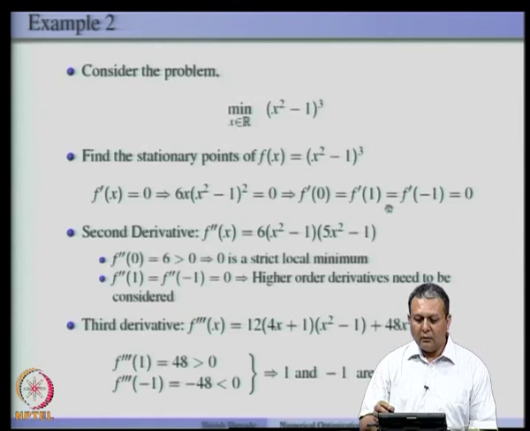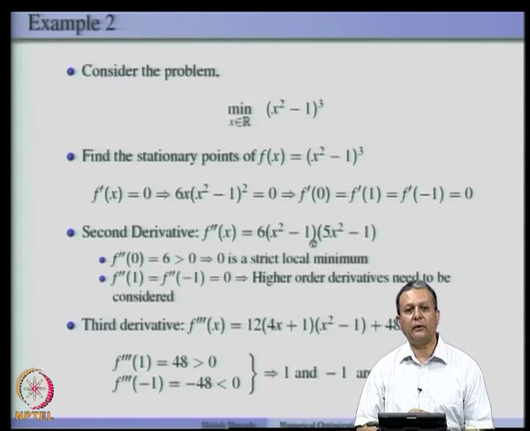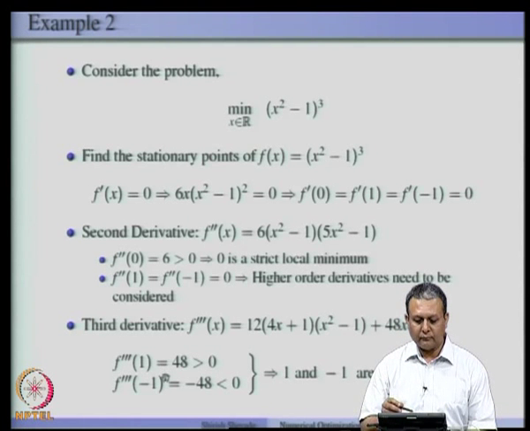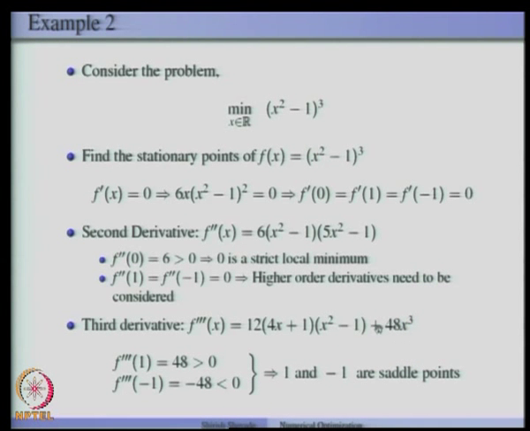But at the stationary points 1 and minus 1, the second derivative also vanishes. So, we have to look for the higher order derivatives. Let us look at the third derivative. f3 dash of x is a function like this, and you will see that f3 dash 1 is positive, f3 dash minus 1 is negative.